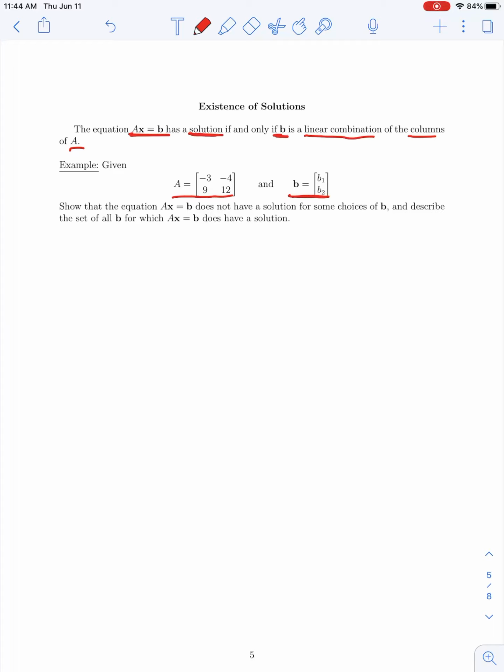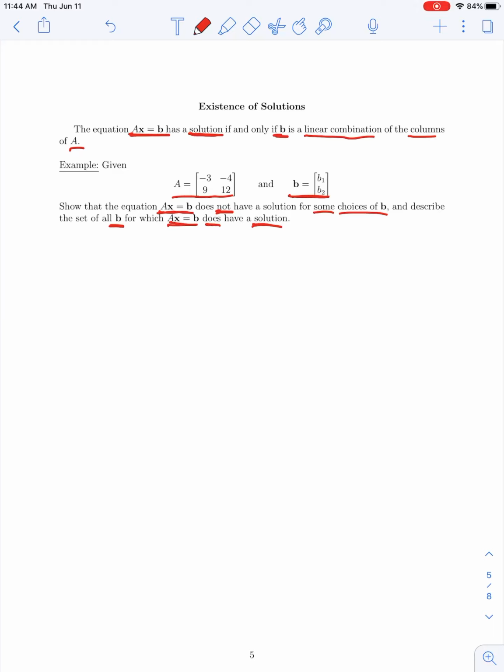And for this problem, we're supposed to show that the matrix equation, AX equals B, does not have a solution for some choices of this vector B. And then describe the set of all vectors B for which the matrix equation AX equals B does have a solution.